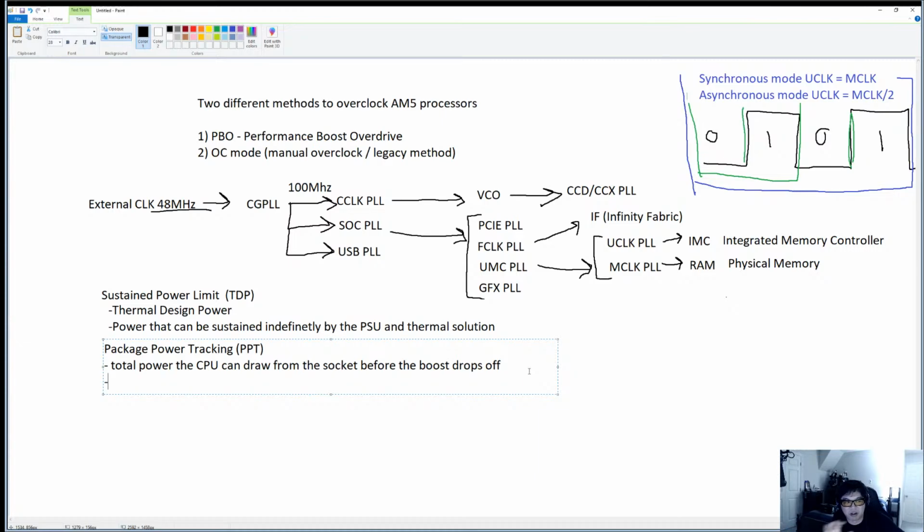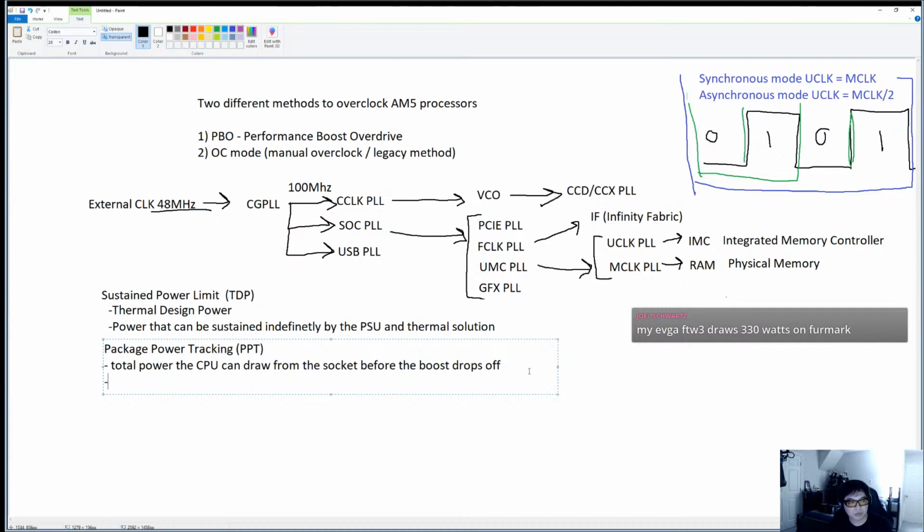So the VRM isn't really going to be the limiting factor on the PPT. Realistically, you're probably going to be limited by the thermal solution when it comes to the actual overclocking and min-maxing the system.